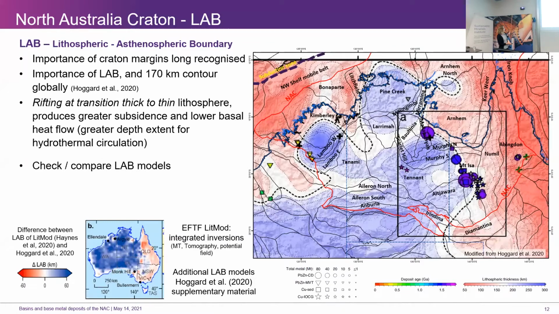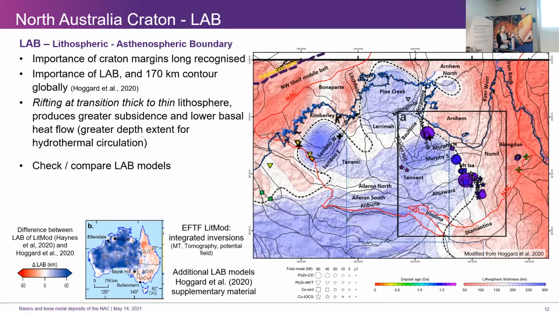But interestingly, this is a difficult surface to interpret, and there are a lot of variations, and there's some new work going on. This image in the lower left is just a difference grid between this LAB depth and a new model developed that integrates several different data sets by inversion to estimate the depth of the lithospheric asthenospheric boundary.